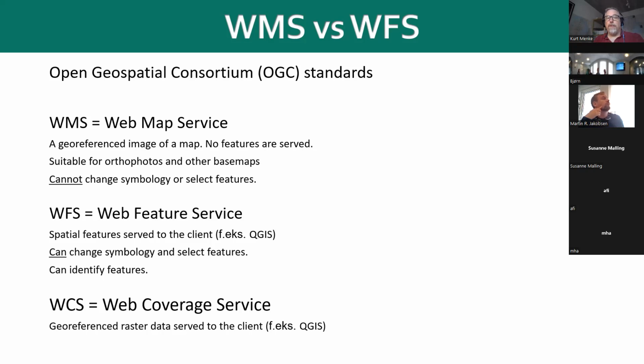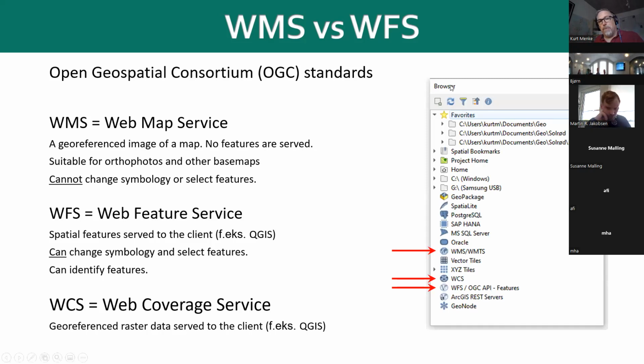So WMS is useful for ortho photos or other base maps. WFS is what you want to choose if you want to be able to select features and export them to your local machine. That's Web Feature Service. In that case, the actual features are being served to QGIS, and you can change the symbology and select features and all of that.